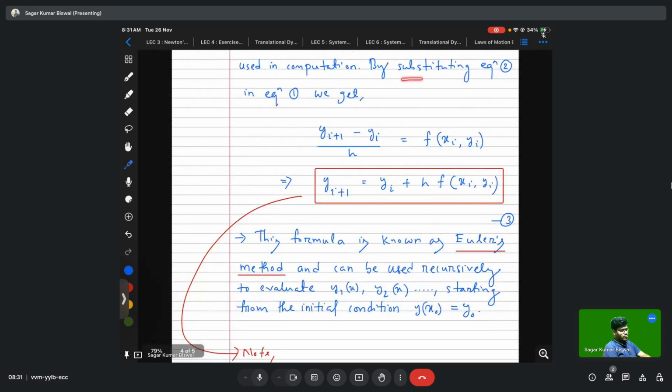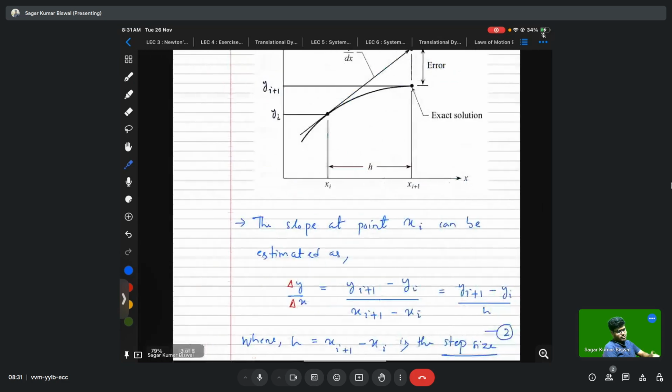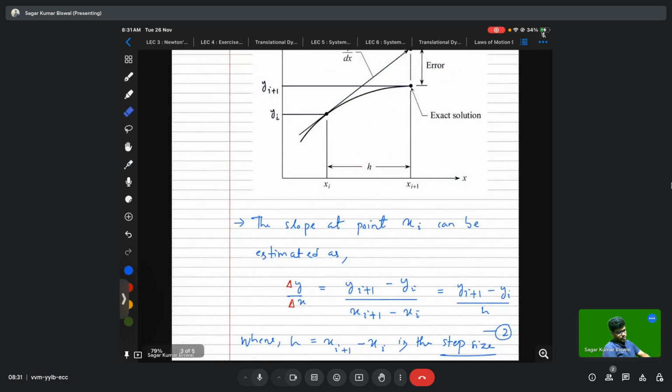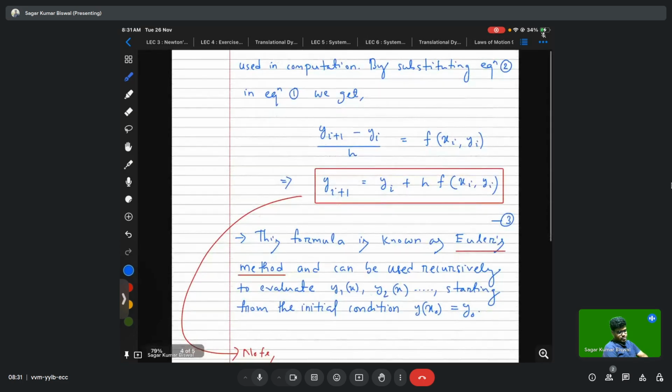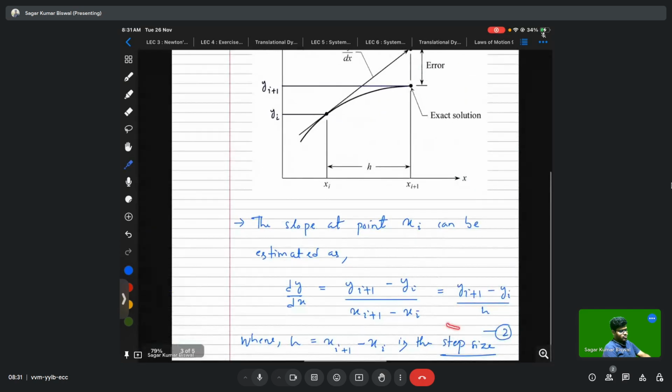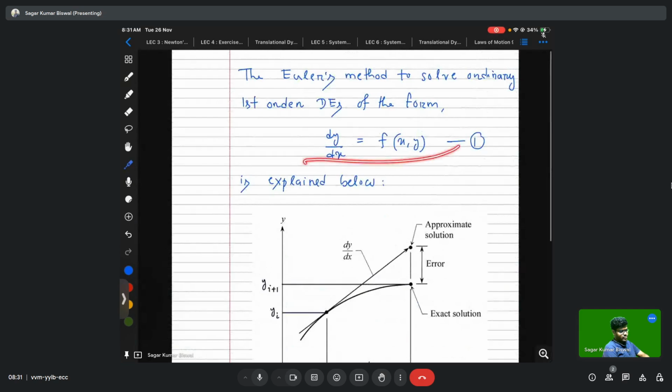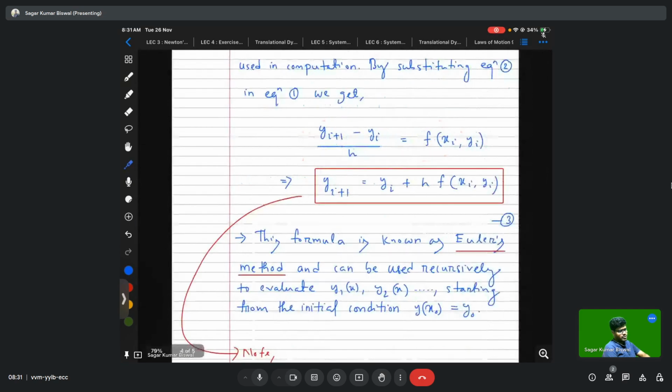Now by substituting equation 2 in equation 1, we get, let me write it back because we are just approximating it, right? Just an approximation that dy by dx is equal to delta y by delta x. So if you substitute equation 2 in equation 1, in the place of dy by dx, put it here, right?